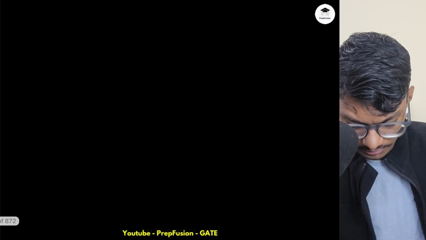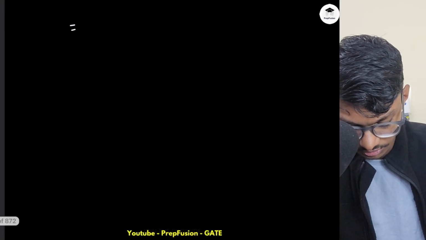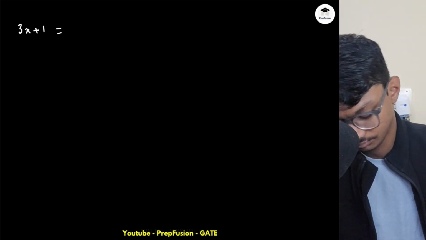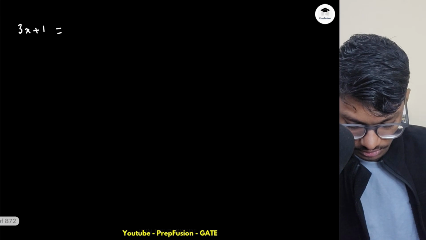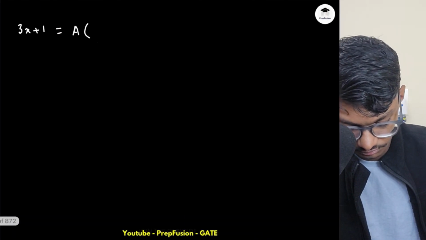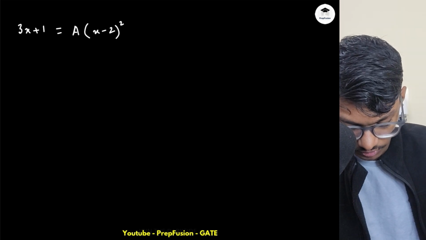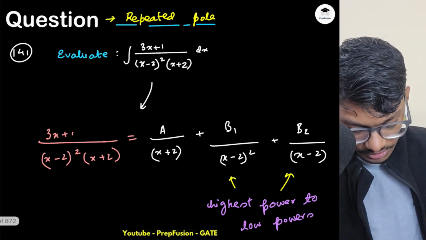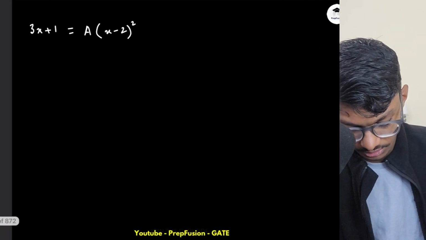So obviously you can write over here that 3x plus 1 equals a into x minus 2 whole square, because I'm multiplying x minus 2 whole square into x plus 2 on both sides.